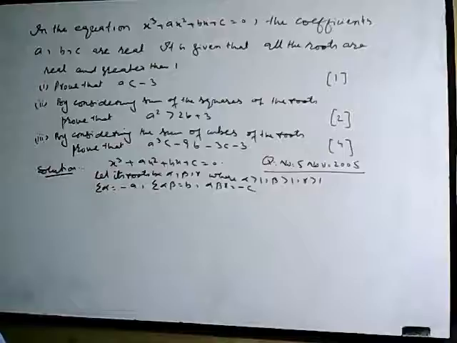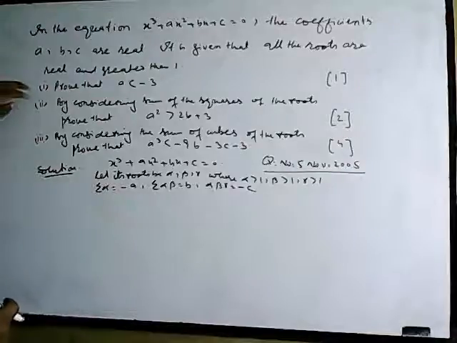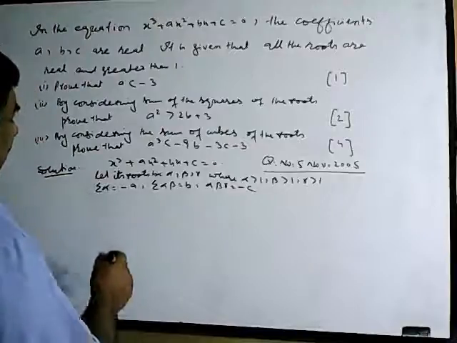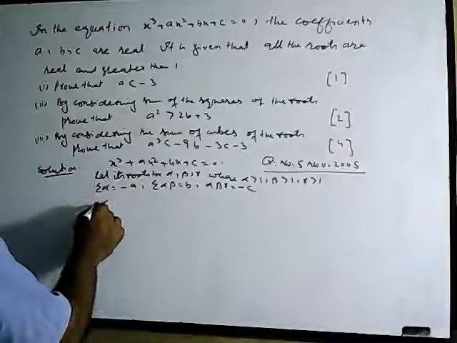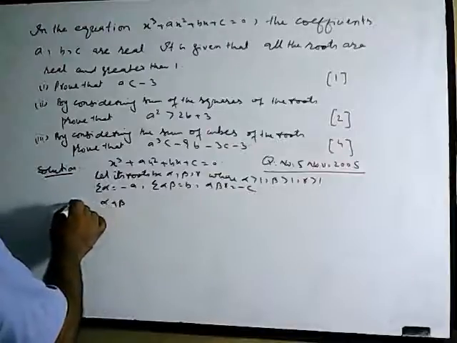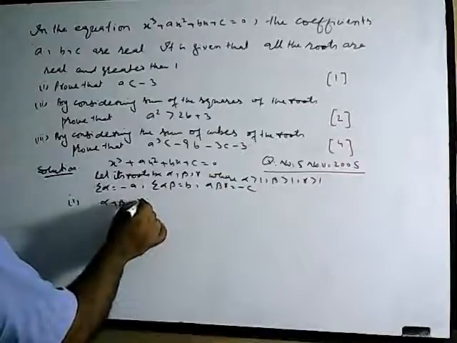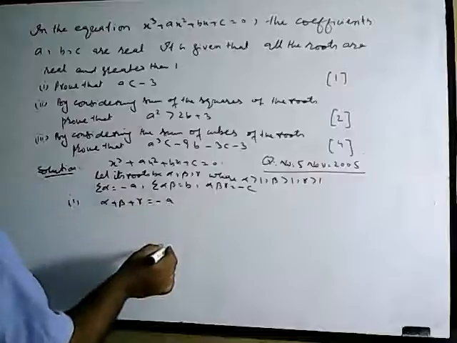So let us see now what can happen. First we have to prove that a is less than minus 3. The sum of the roots, sigma alpha, is minus a. So alpha plus beta plus gamma must be equal to minus a.